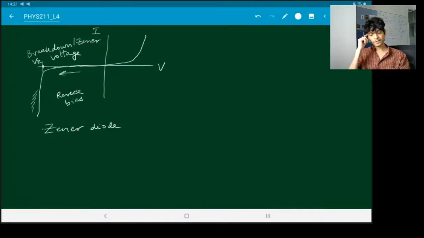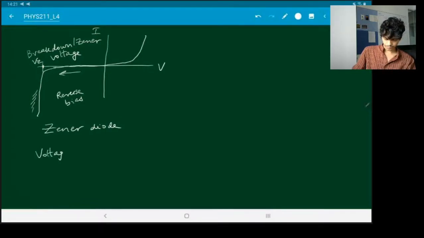Now, what is the point of using a diode in this avalanche or breakdown region? If you look at the voltage versus current characteristics, first of all, the resistance is very low because there is a large change in the current with a very small change in voltage. So you get very high conductivity. The other thing is, this acts like a very efficient voltage regulator.